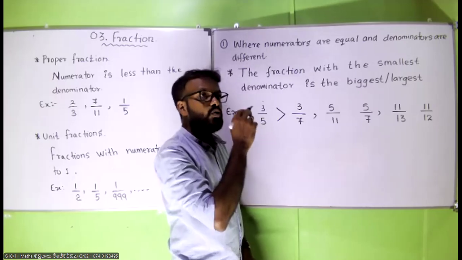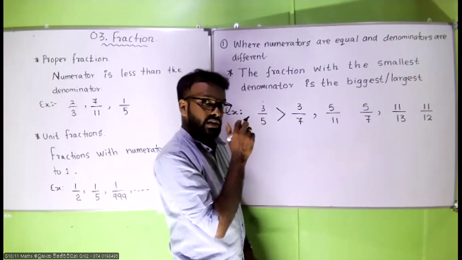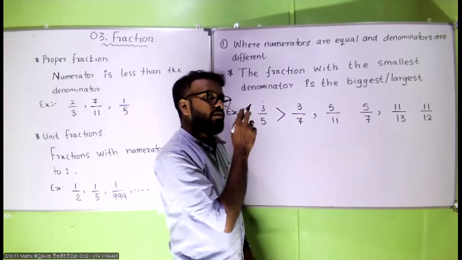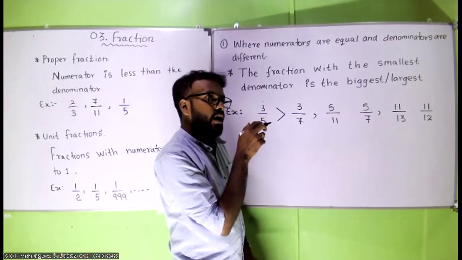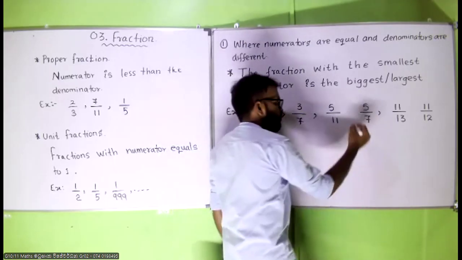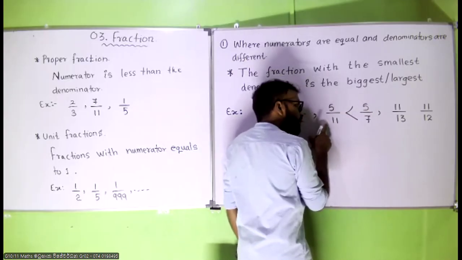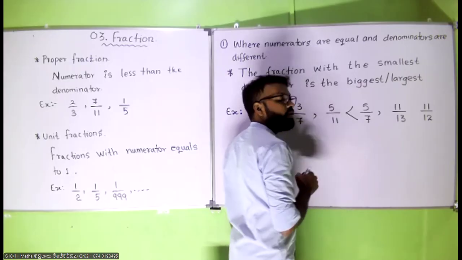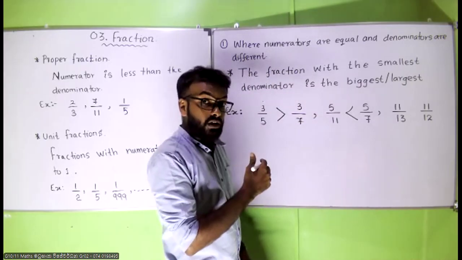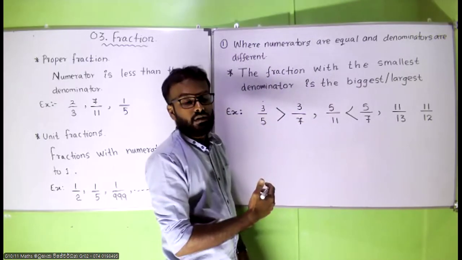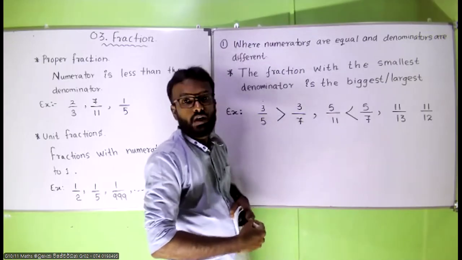If I have the smallest denominator, it should be the biggest fraction. So this is the inequality: 5 upon 11 is less than 5 upon 7. That is how you are going to approach your answer.